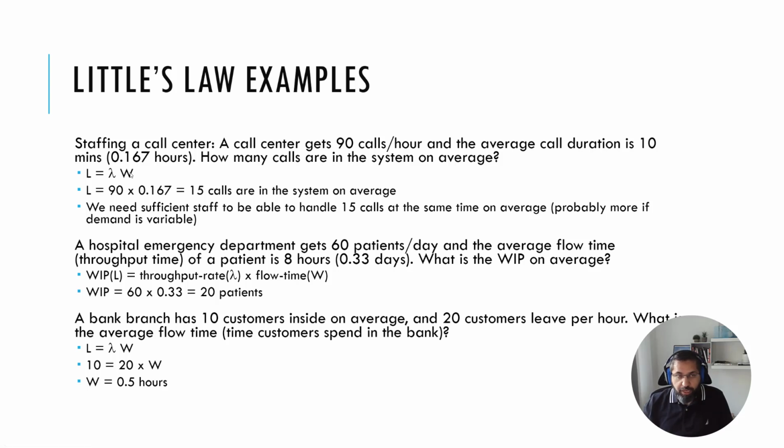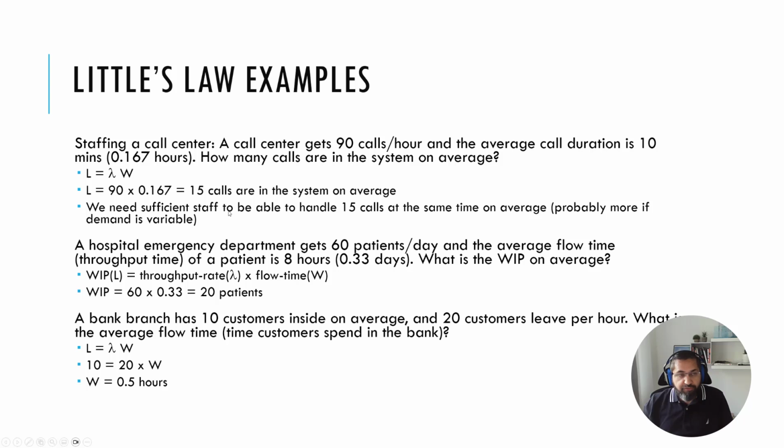If you want to have sufficient capacity that a call comes in and it's just taken right away, then what does L look like? So if we assume the throughput time is going to be the call duration, that there's basically no waiting time, then we can plug in 10 minutes or 0.167 hours for W, and then we get L equals 90, the arrival rate, times W, 0.167 hours, equal 15 calls.